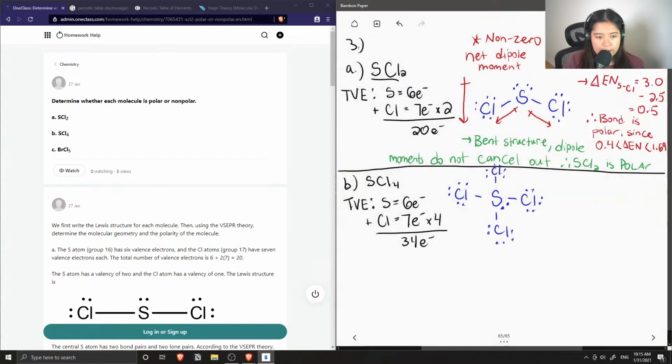So again, we calculated the electronegativity difference between sulfur and chlorine, and we know that it is polar. So if I redraw this structure to give a more accurate depiction of the molecule, the lone pair would be like that, and then all my chlorines would be attached like this.